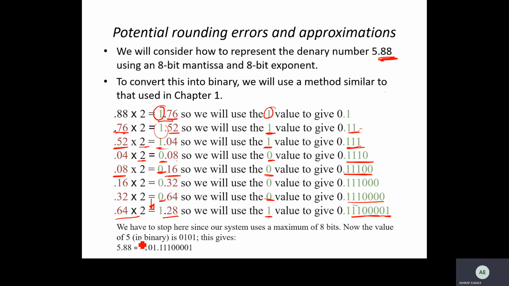Now the value of 5 in binary is 0101. This gives this value 0101, and then 111, and then the rest 00001, 1, 2, 3, 4, 5, 6, 7, 8, 9, 10, 11, 12. So this is represented in 12 positions.